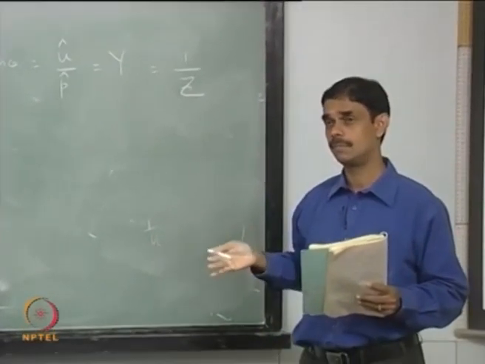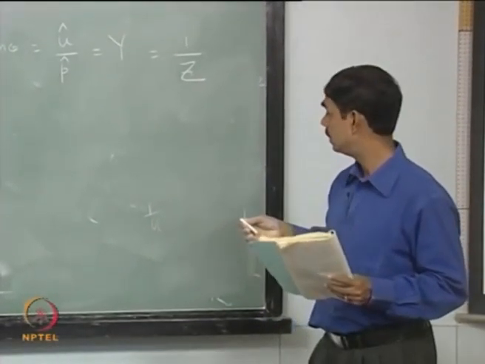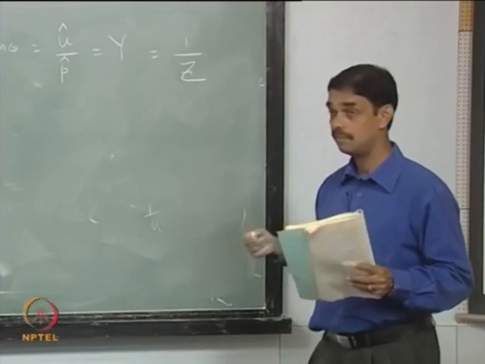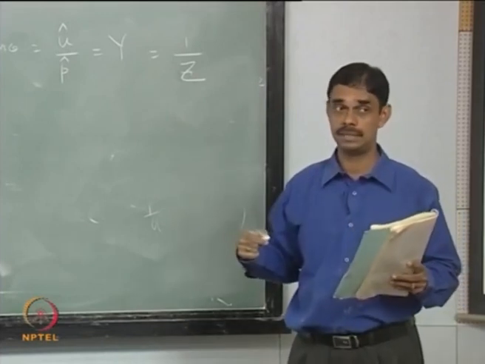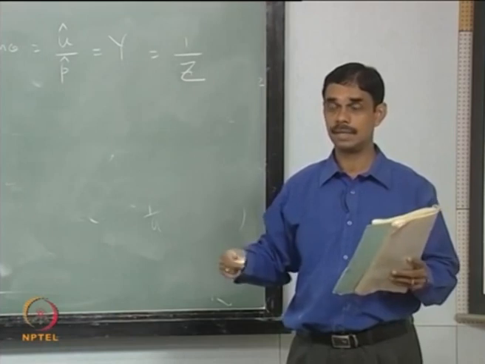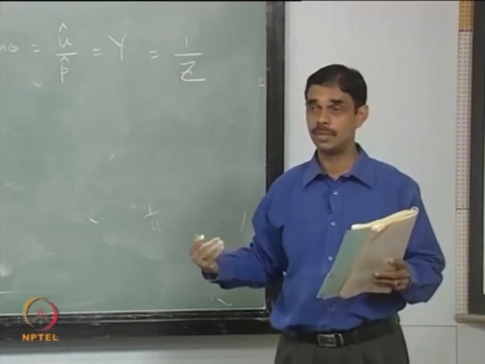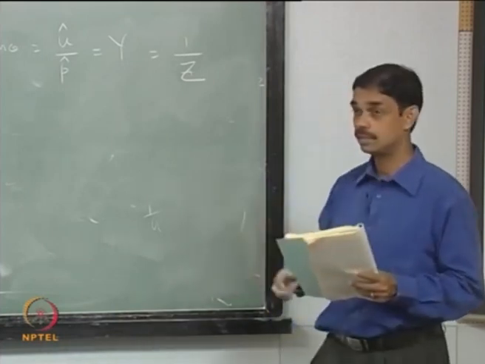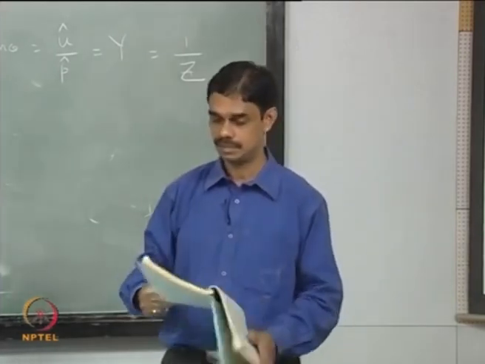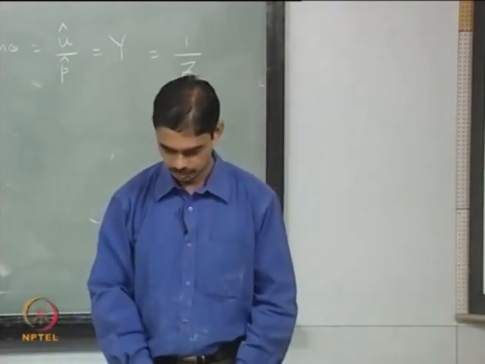So current divided by voltage is conductance, and admittance is indeed a very physical quantity. You can actually express the energy that is coming in or the acoustic intensity that is coming into a tube or going out of a tube in terms of the acoustic admittance, and we will see that later.